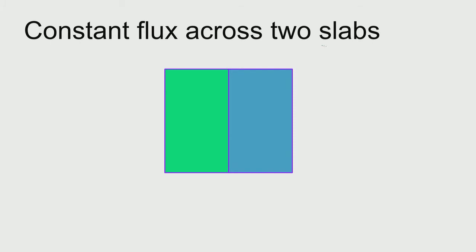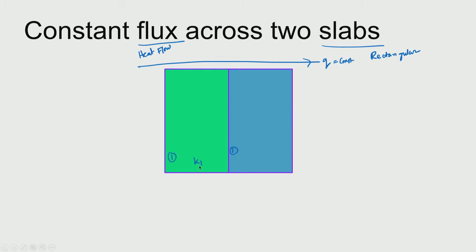So, we take the rectangular case, which means that constant flux and constant heat flow are the same, and we say that that is Q, which is going out in this direction, and that is constant. Now, let us assume that K1 is the thermal conductivity of the first case, K2 is the thermal conductivity of the second case, and that K1 is greater than K2.